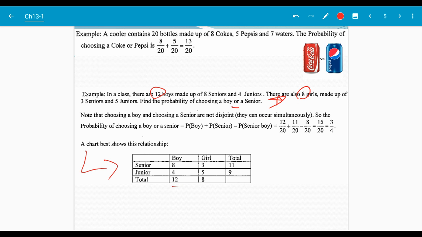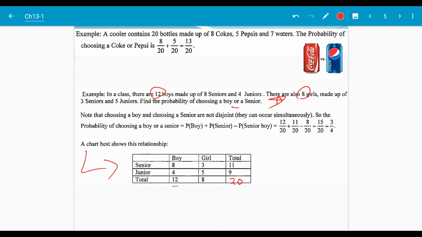Of those boys, 8 were seniors, 4 were juniors. And 8 total girls, 3 seniors, 5 juniors. So this gives us an overall total of 20 students in the class, and we can add across horizontally to get the total number of seniors, 11, and the total number of juniors, 9.